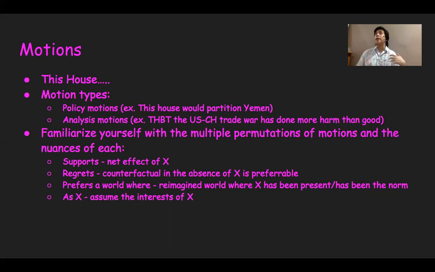You would probably make an argument to the effect of, because of all these adverse impacts that I talked about, let's just assume that it was meant to be true, it has hurt Donald Trump politically. And since Donald Trump is the house, if we end the trade war, it will help him politically or minimize the political damage the trade war has caused him. So that's how the nuancing would differ. So you need to be very sharp with how you're reading motions and the implied burdens for these motions.